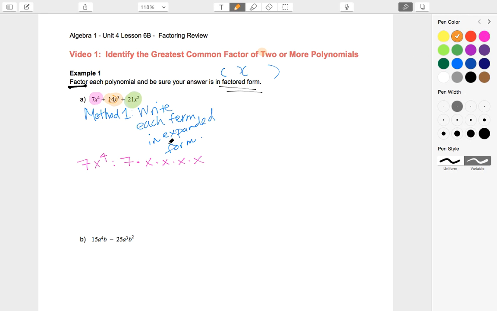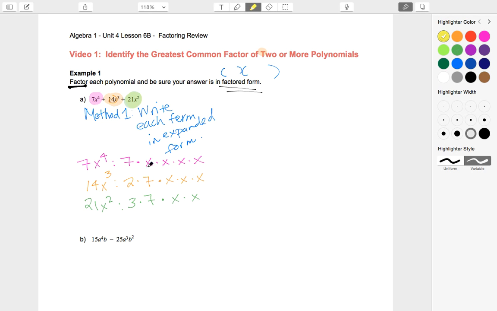Then 14x cubed: 14 in its prime is 2 times 7, and then we have x times x times x in expanded form. Then we have 21x squared. That is the same as getting 21 in its prime, so we have 3 times 7, and then x times x.